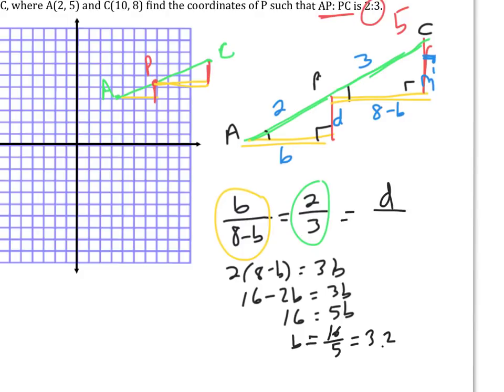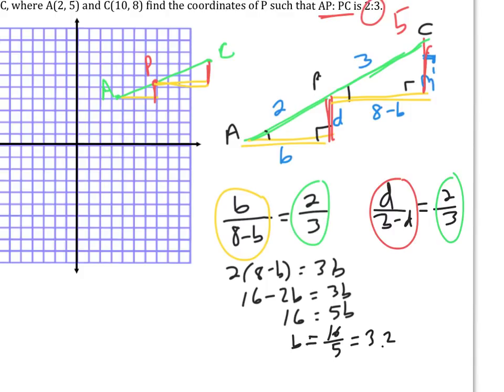I'm setting it up as 2 different proportions, because most of you like to do it that way. So I'd have D over 3 minus D equals 2 over 3. And again, just so you can see where that's coming from, those are my red lengths, that length and that length. And then I've got that same ratio of my hypotenuses, which is the lengths I'm looking for.